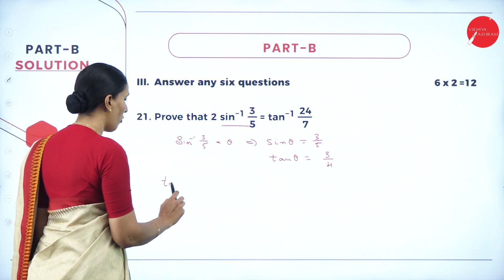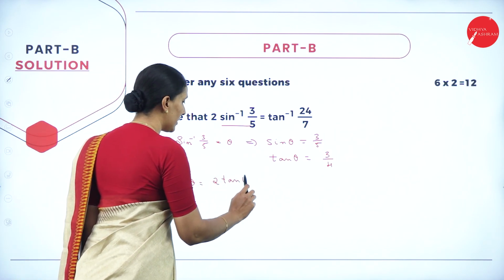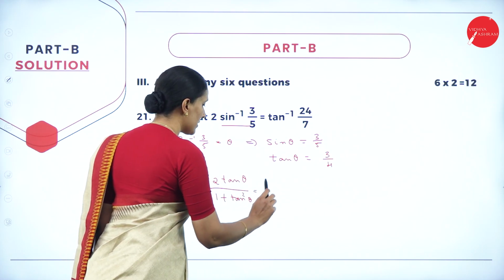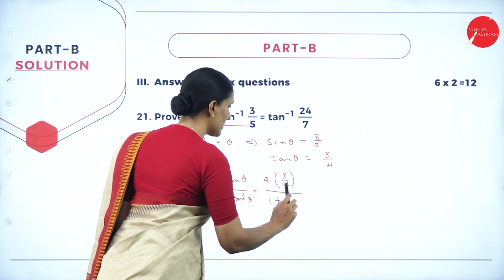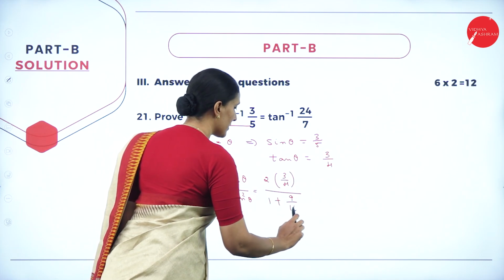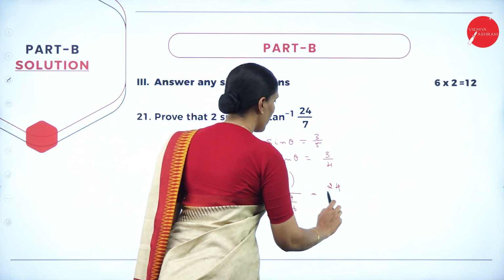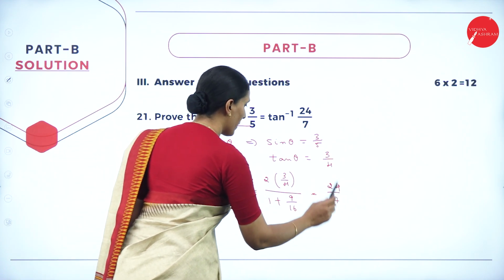We know the formula of tan 2 theta, which can be written as 2 tan theta divided by 1 plus tan square theta. We'll substitute the value of tan theta here. So 1 plus 3 square by 4 square, that is 9 by 16. On solving this, we'll get the value as 24 by 7. So we have tan 2 theta is 24 by 7.